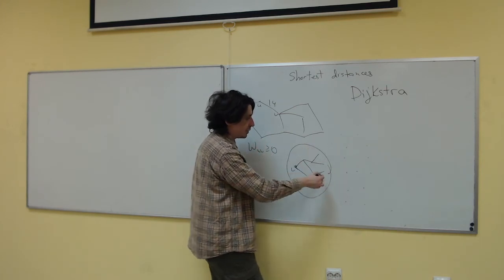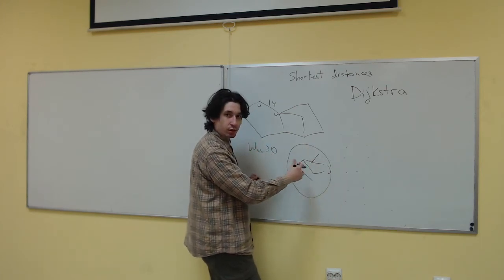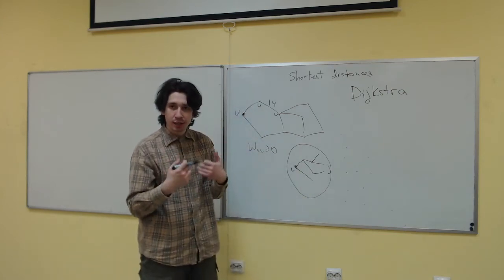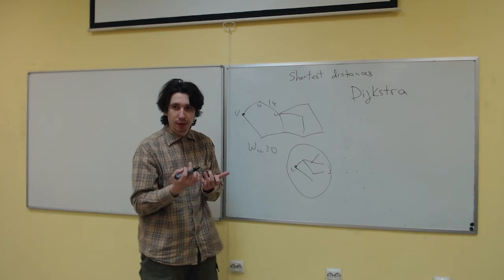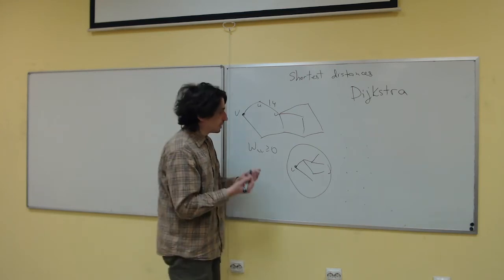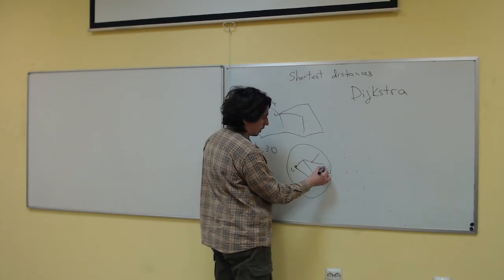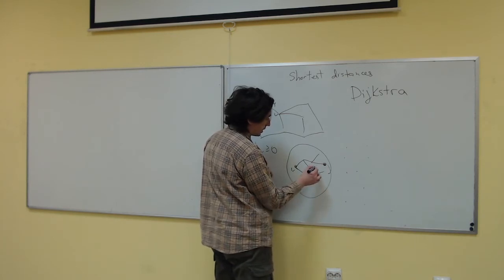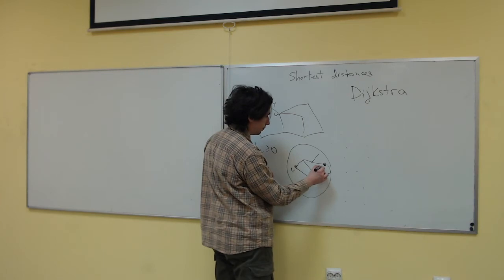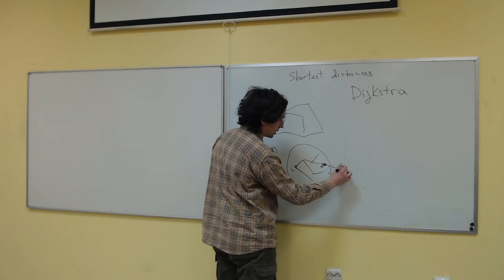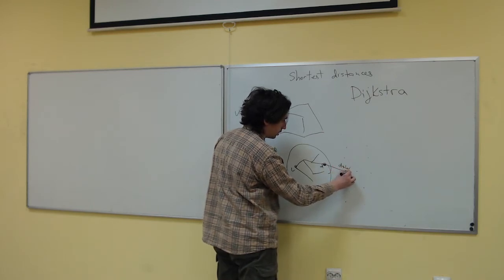Which vertex can we add to this set? We can add the vertex for which the current tentative distance is the minimal one. So what is the tentative distance? We have D here, the distance to this node is D, and this is D plus the weight xy.